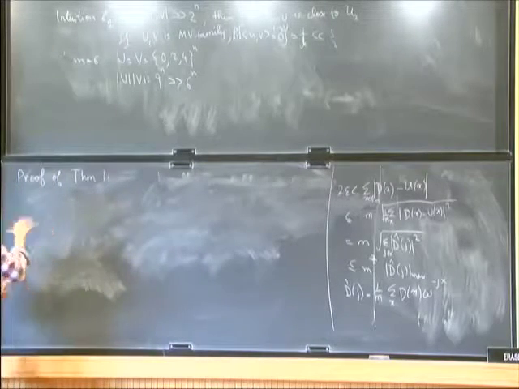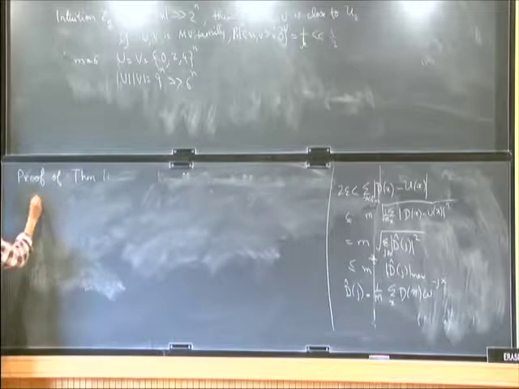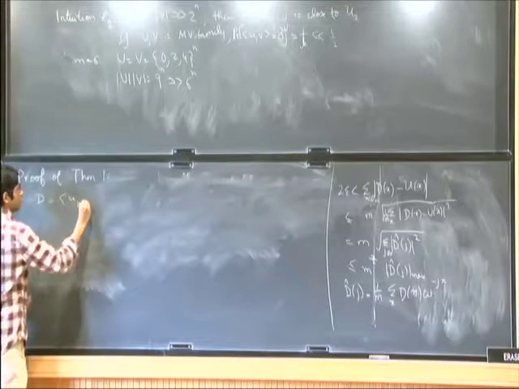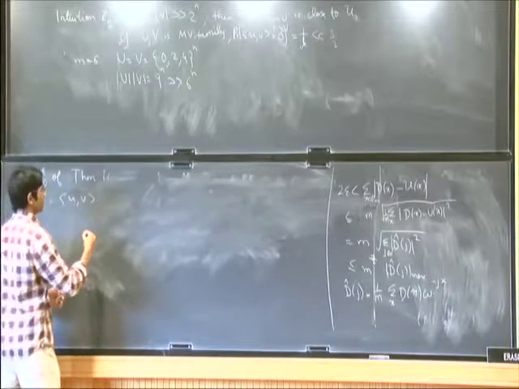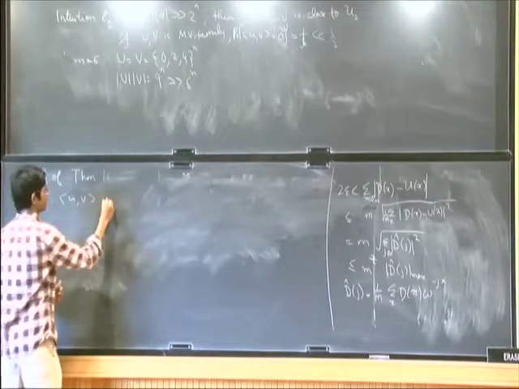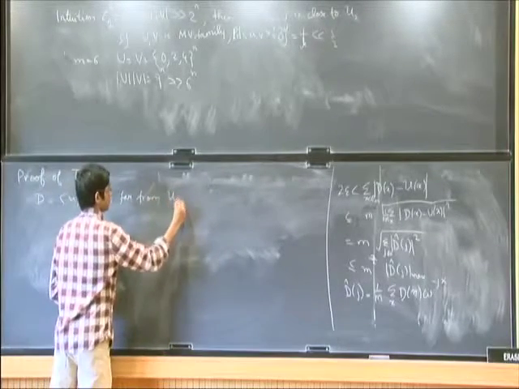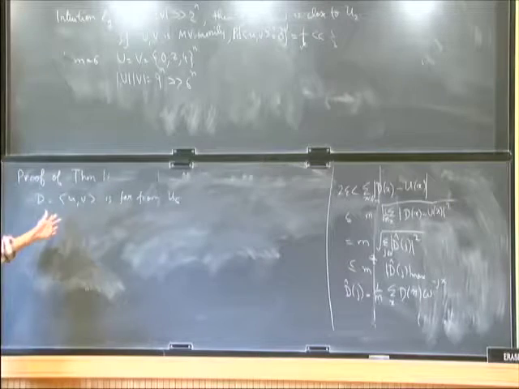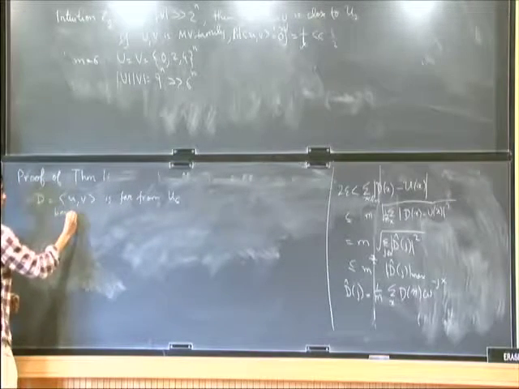Right. So now we'll apply claim A. We'll note that the following distribution, U inner product V, is far from uniform, because the probability that UV is 0 is very, very small.